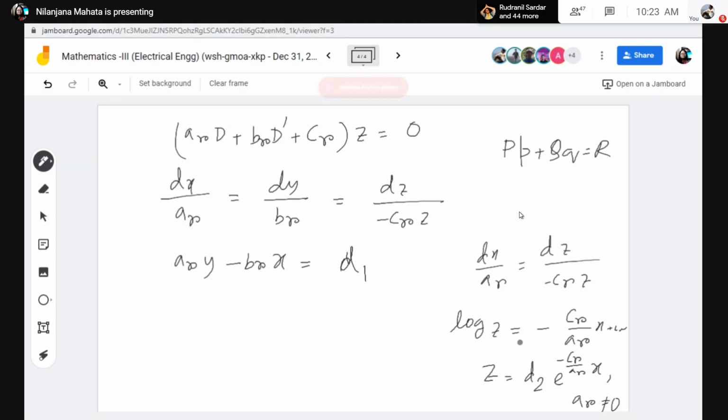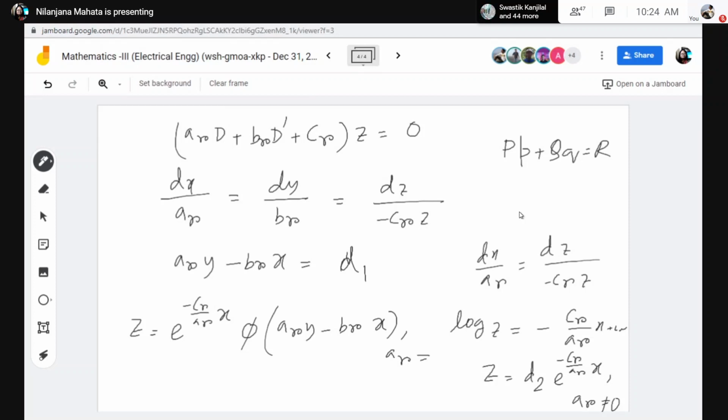Otherwise it won't be valid. So I can now write the general solution of these as z is equal to e to the power minus c_r by a_r x, times an arbitrary function phi of a_r y minus b_r x, where a_r is not equal to 0.